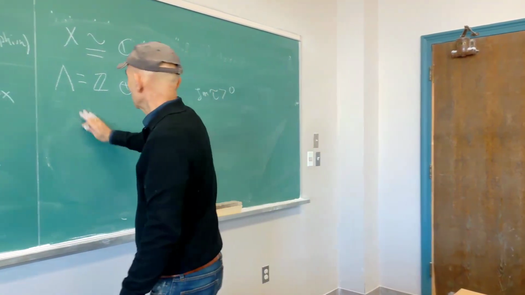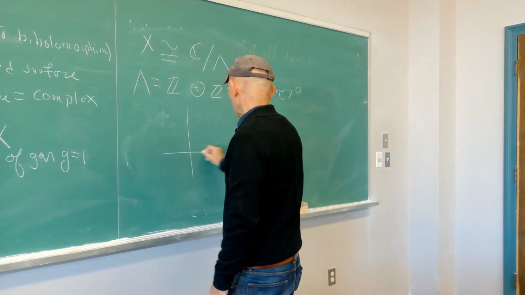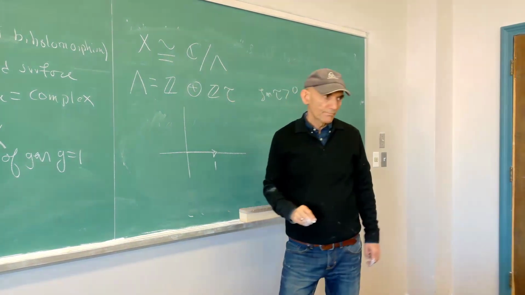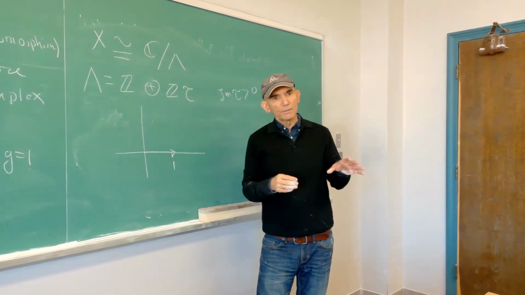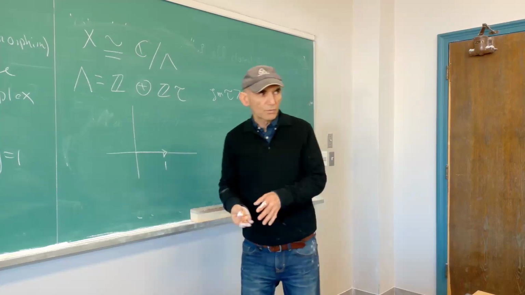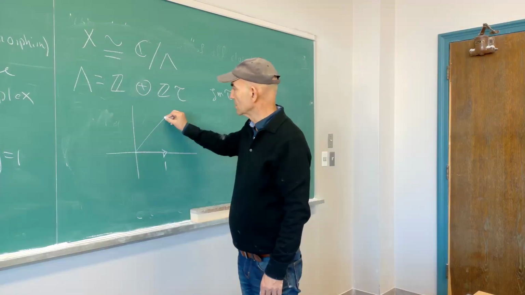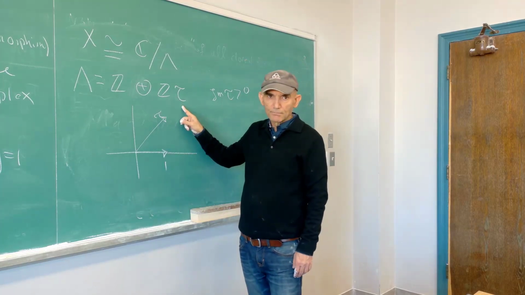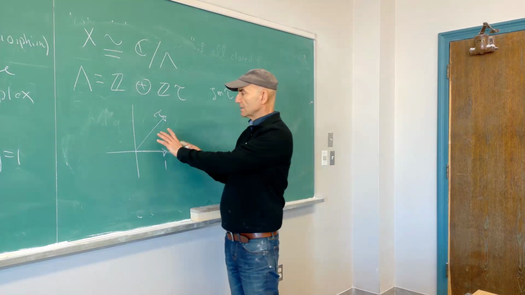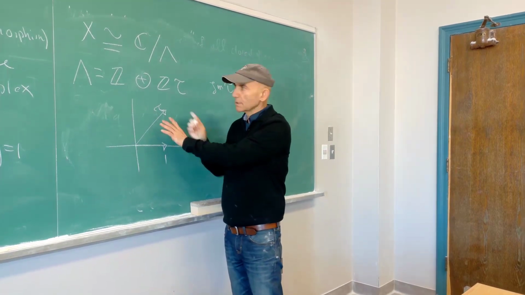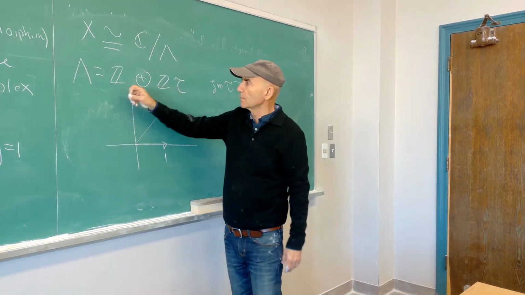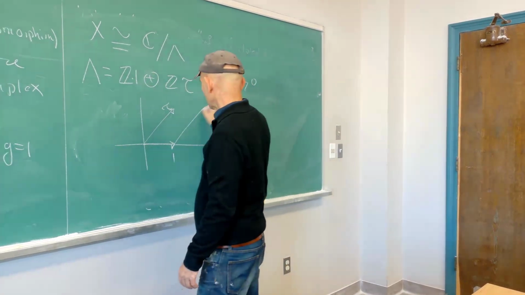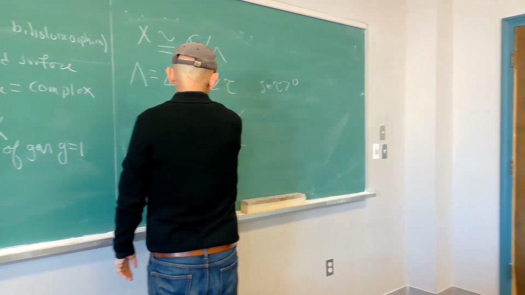One generator you can always arrange to be 1. The other you can arrange to be in the upper half plane, tau. This is called the modular parameter. The lattice is generated by these two vectors, all integral linear combinations of this and that.